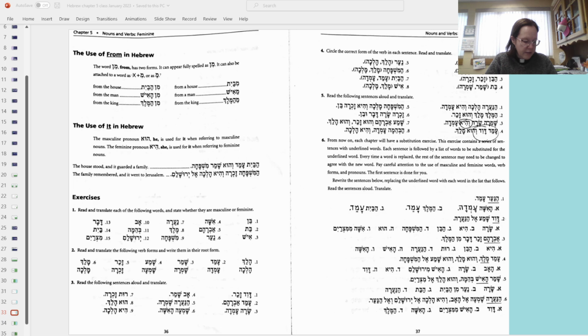Number 11, we have behema. And you can tell it has the alef and the hey at the end, and that is a feminine noun, which means cattle or animal. Number 12, we have Yerushalayim. May have tricked you a little bit. It's Jerusalem, right? And cities are always feminine. Number 13, we have davar.